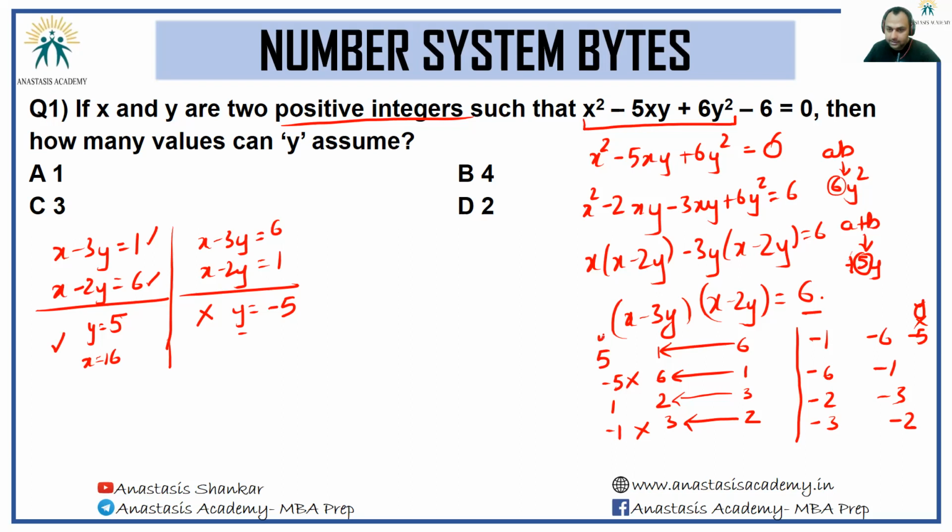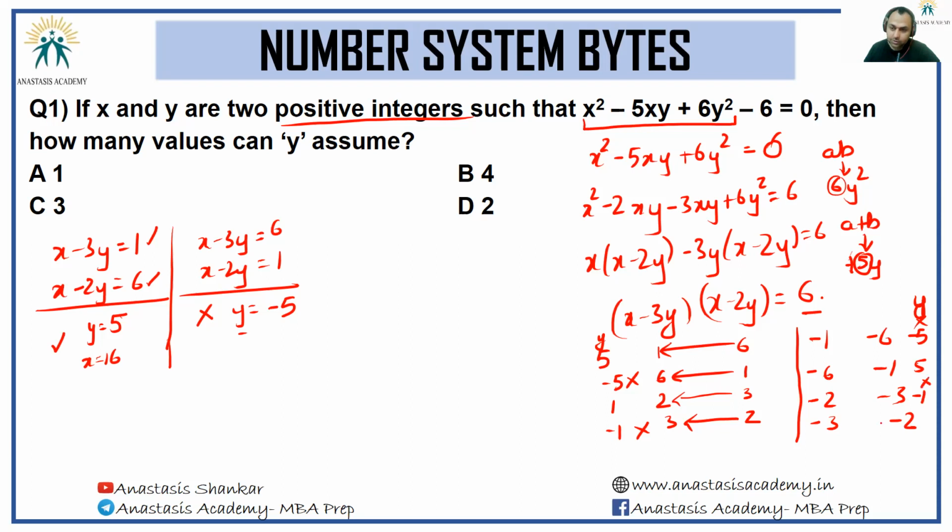Basically, I can list out possible values of y very, very quickly. Possible value of y here: minus 1, minus 6, so I get 5 here. This is acceptable. Minus 3, minus 2 gives me minus 1. This is unacceptable.